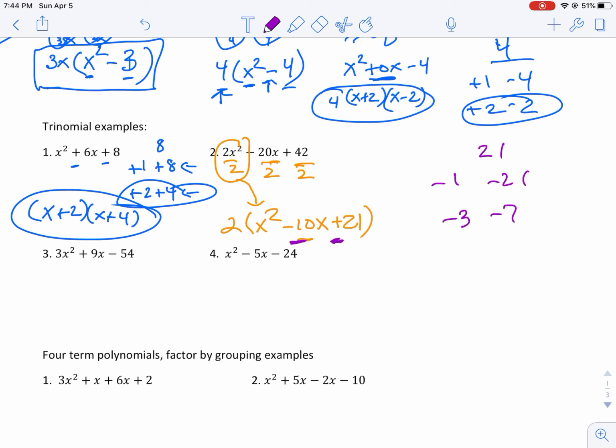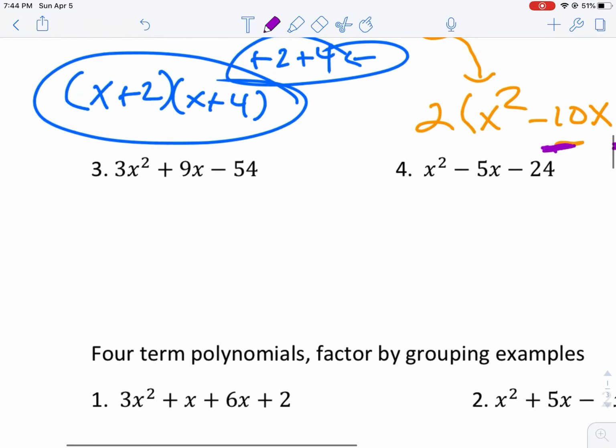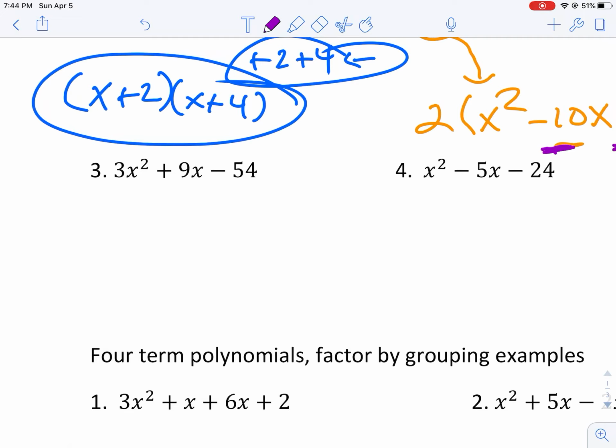So both of them are negative, right? The last term is positive, so they're both the same sign. And the middle term tells me they're both negative. These 2 add to negative 10. So I have that 2 times x minus 3, x minus 7. You're done.